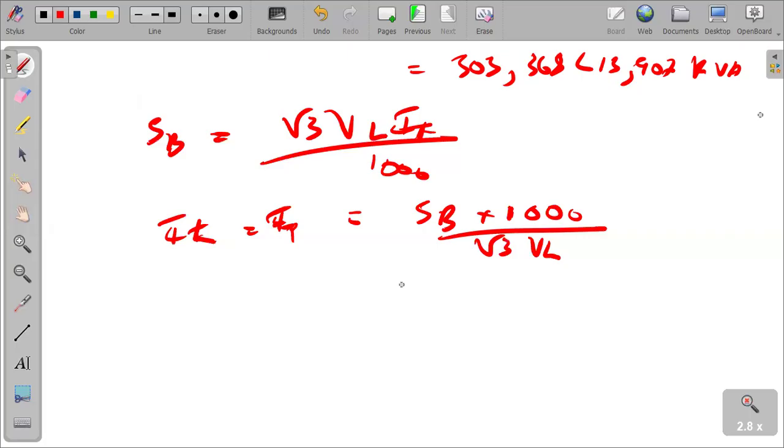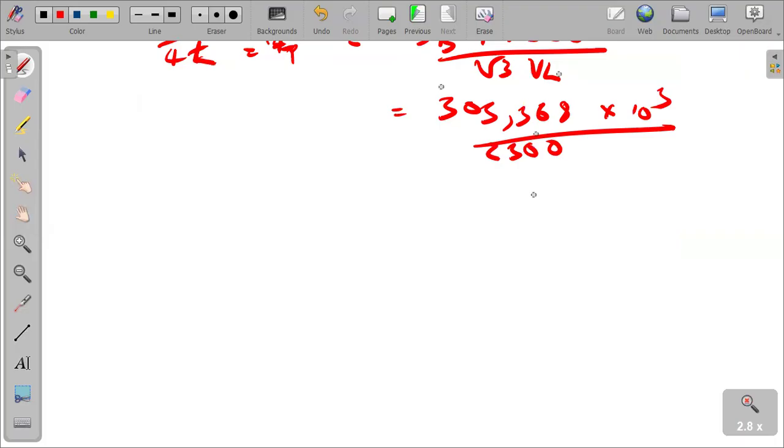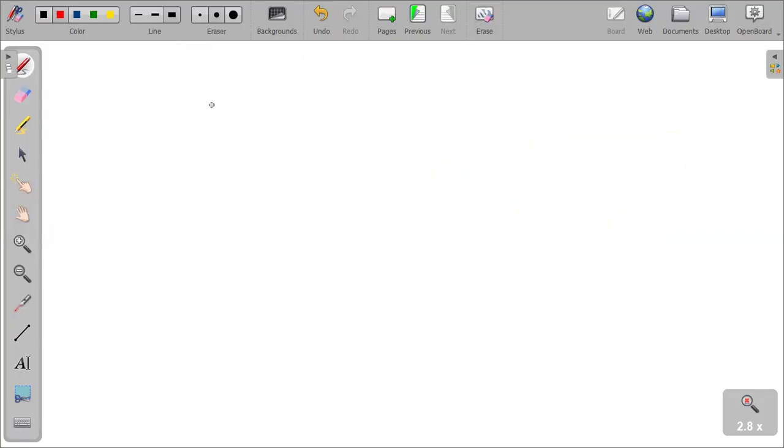Hence we can substitute 303.368 times 10 to the power of 3 divided by root 3 times 2,300, and we are going to get 76.152 amperes.